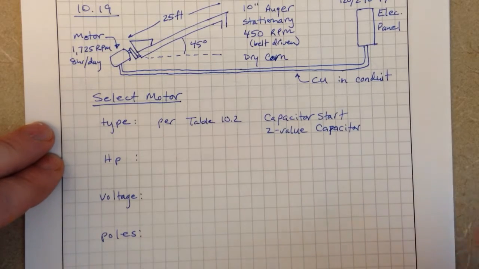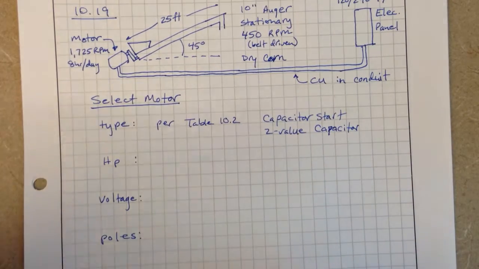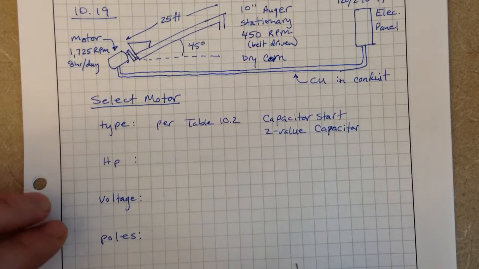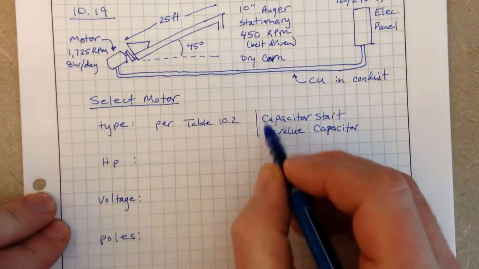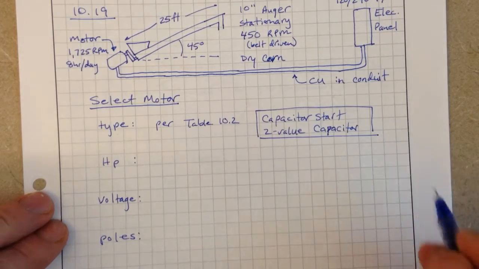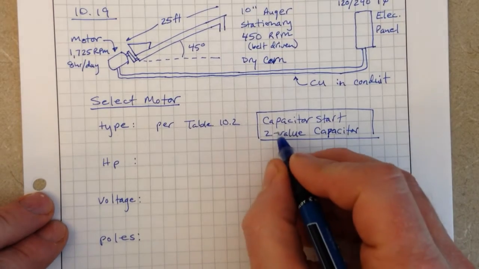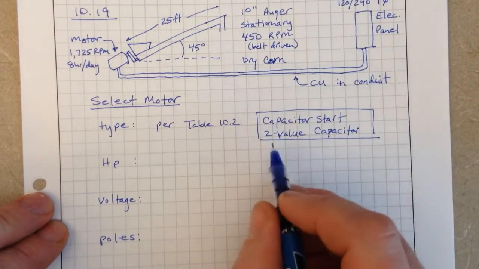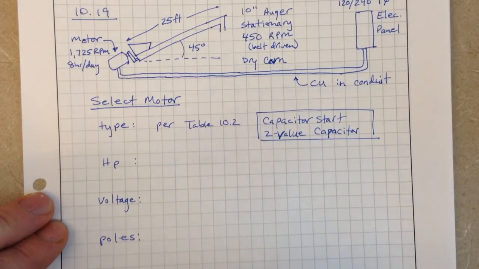Capacitors are the most common way to start a single phase motor. Things go out of phase, things start leading and lagging and are no longer in phase, so with one ahead of the other, we can get that rotor moving. So we would pick one of these, and we could look at Grainger and make our selection between a capacitor start motor or a two-value capacitor motor.